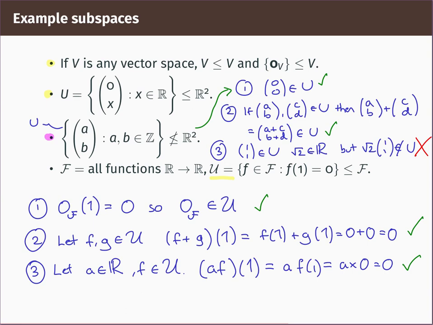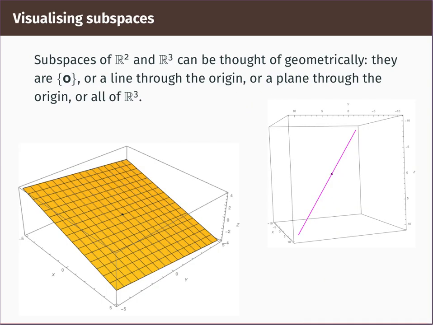So U satisfies all three properties to be a subspace, and therefore it is a subspace. In some cases, we can actually visualize a subspace. I'm especially thinking here about R squared and R cubed, because we have a standard way of thinking of R squared as the plane, the set of all elements in a particular fixed plane.